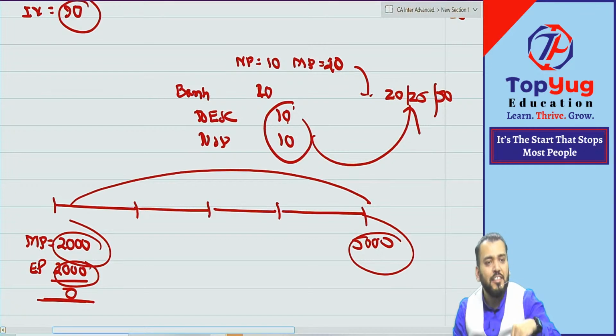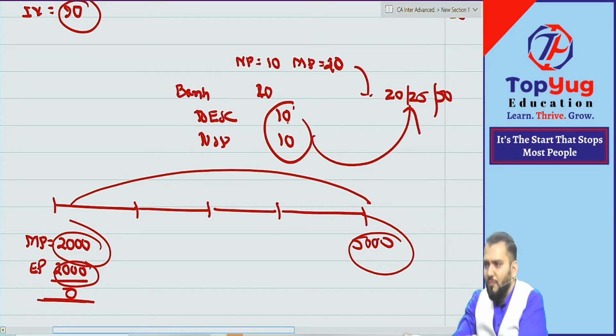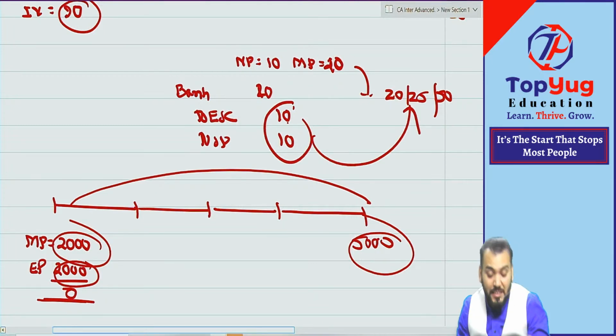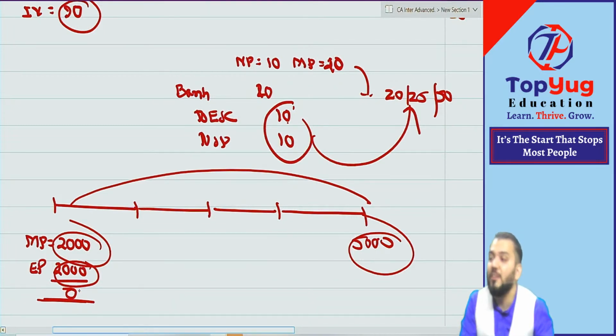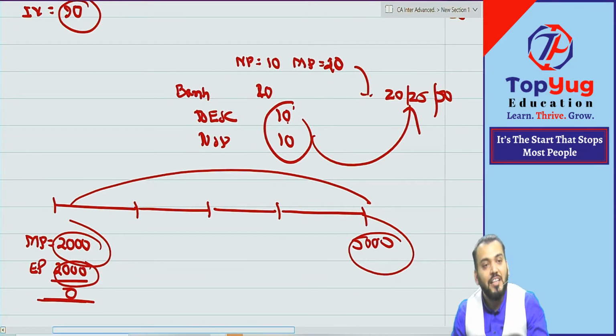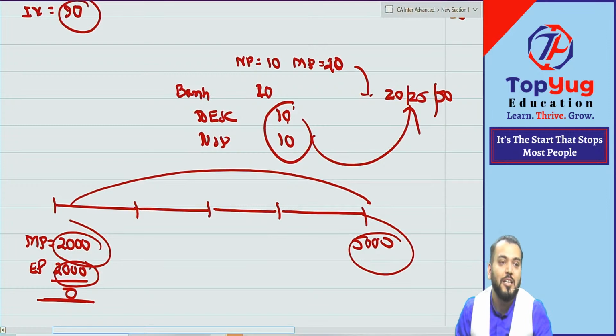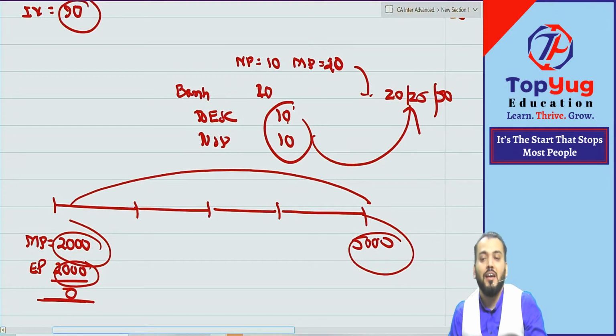If the value of the right is 0, then no one will perform the condition. Are you able to understand what I am saying? If the value of the right is 0, will you be motivated? You will be demotivated. So even though the intrinsic value is 0, it has some fair value. And therefore there is a concept of the fair value of options. Have you understood this point?